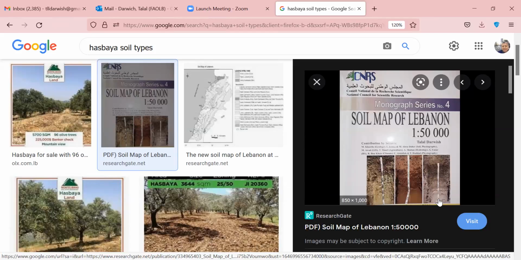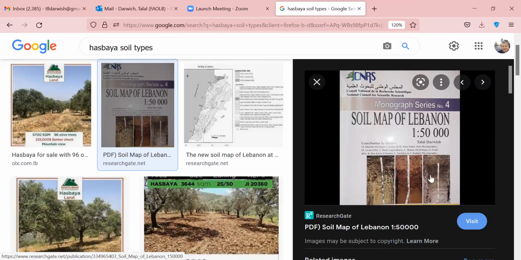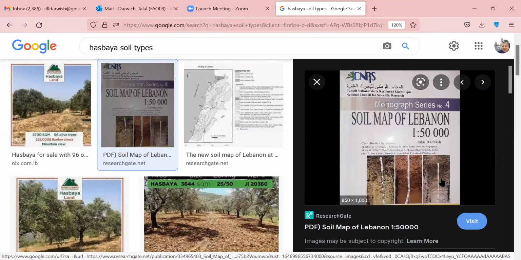And you see here the different layers and the movement of the groundwater table up and down, leaving some layering and mottling in the soil color. And you see on the soil surface, you have the dark colored soil horizon. These are alluvial soils, okay? Also from the central Bekaa area.